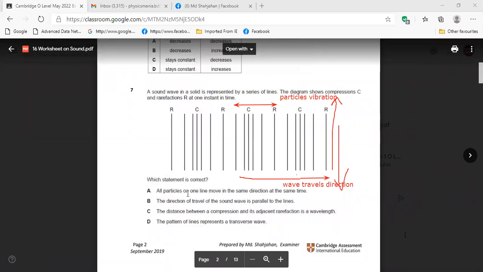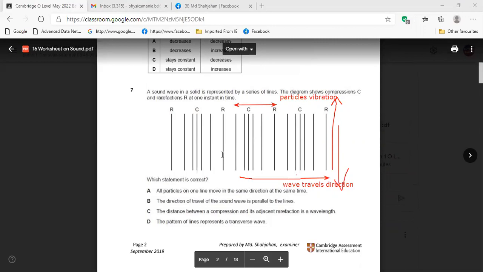So B, C, D, all of them we are taking as wrong statements. Now you see A. All particles on one line move in the same direction at the same time. This is correct. If we take this line, you know about wavefronts, right?